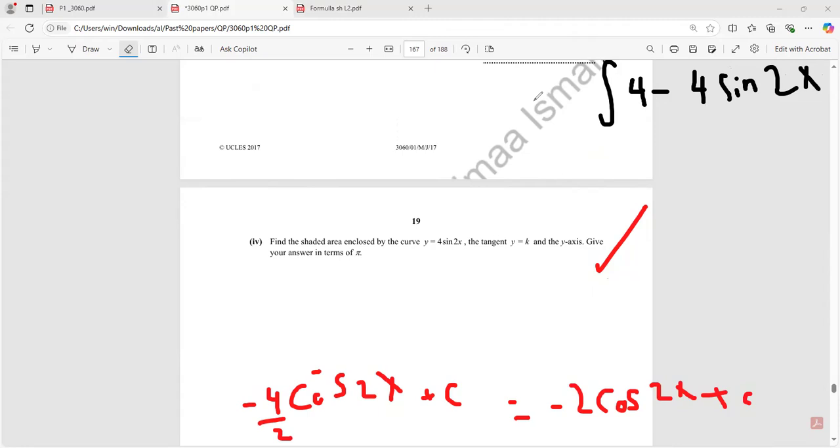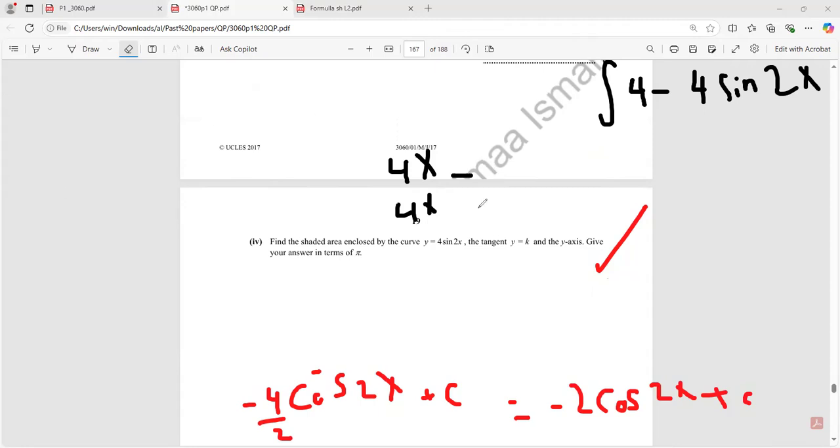So it's 4x, with limits between 0 and pi over 4, minus 2 cosine 2x, the integral we found earlier.